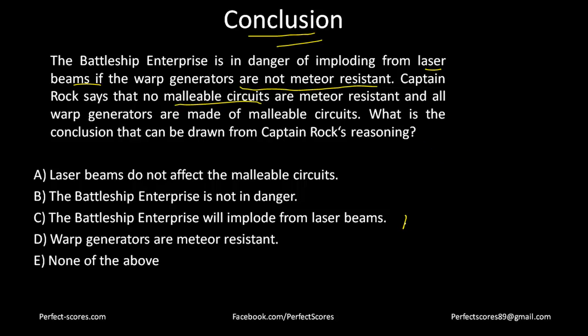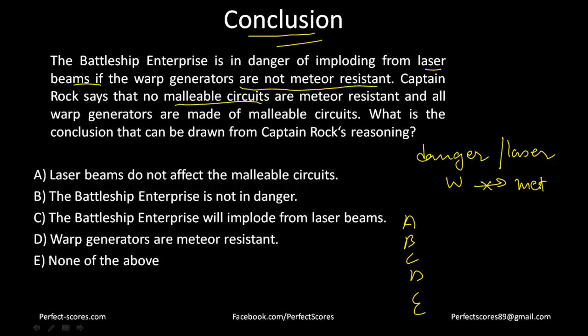So let's go ahead and first of all write down our options. Now what it says is that there is a danger of imploding, or there is a danger against laser beams, if the warp generators are not meteor resistant. So if the warp generators are not meteor resistant, then the laser beams can attack the Enterprise and there is a danger of imploding.